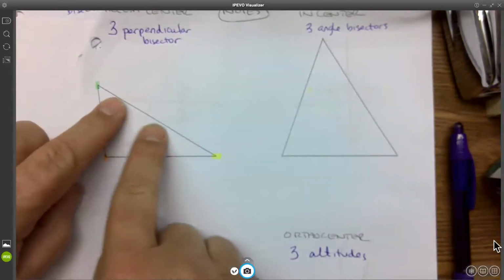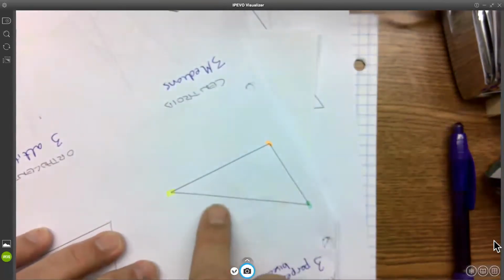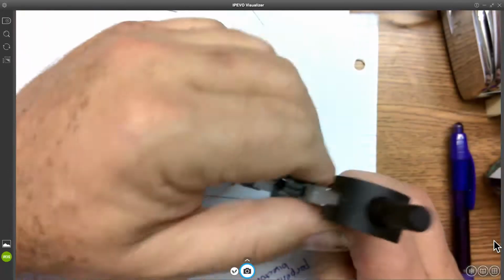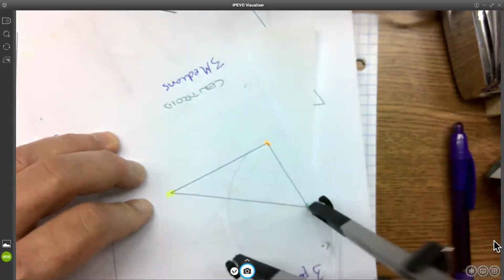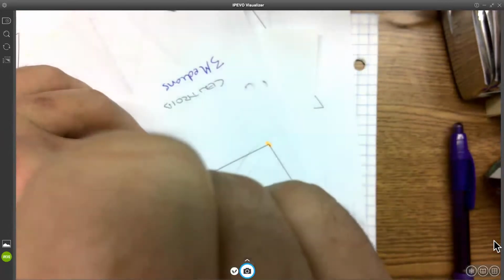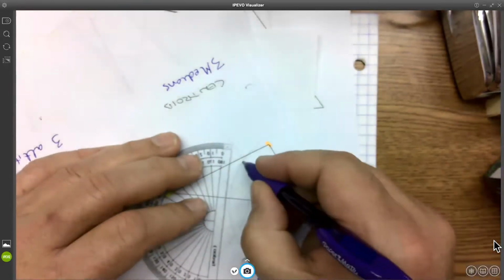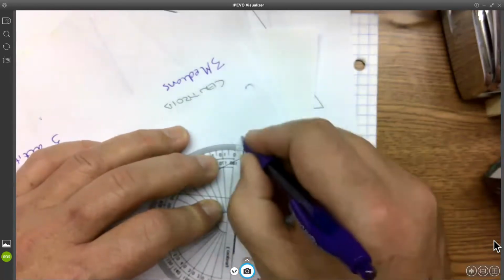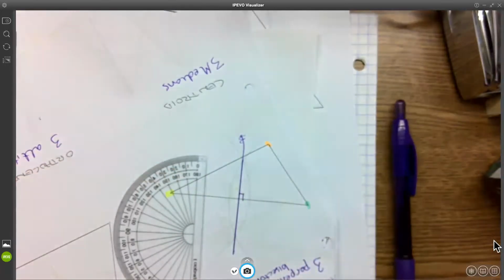I'm going to start with the longest side, and I'm going to create a perpendicular bisector. So I'll turn my page so this is down for me. From the green, I'm going to go more than halfway, and then the same arc length from the yellow. That's not very good up there, but this is my perpendicular bisector.